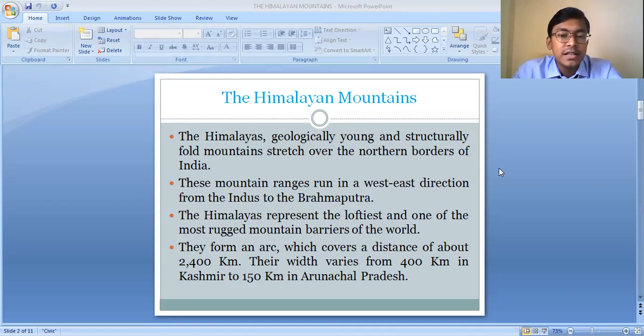So the total length of the Himalayas is 2,400 kilometers, and its width varies from 400 kilometers in the west to 150 kilometers in the east. So this is about the extension of the Himalayas.